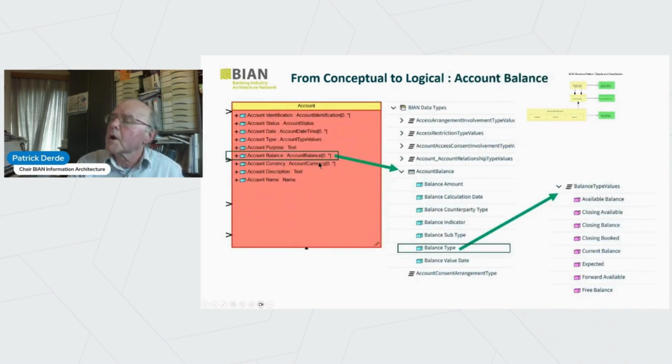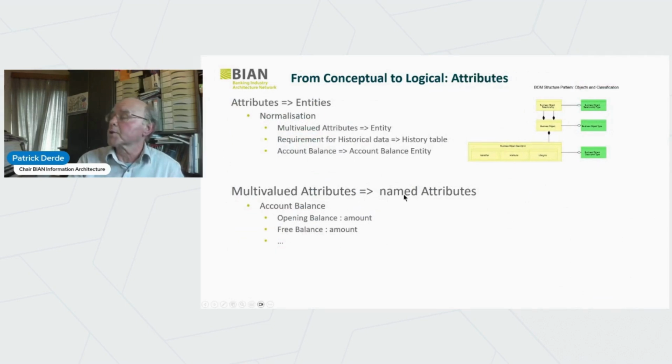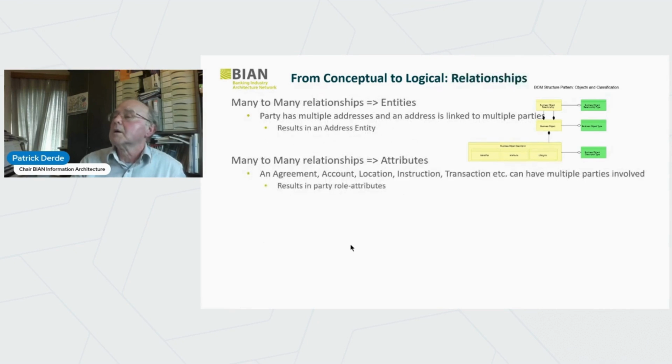You see that here, when we have this 0..star, that's an indication of a multi-valued attribute. It's possible that we decide that it will become simply a number of named attributes, such as an opening balance or the free balance. And then the opening balance as well as the free balance are of a more atomic data type, which is amount.